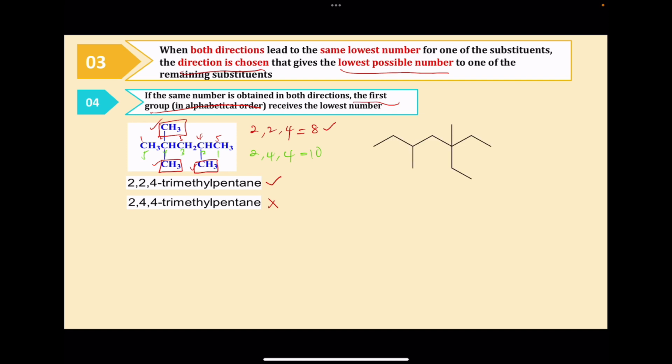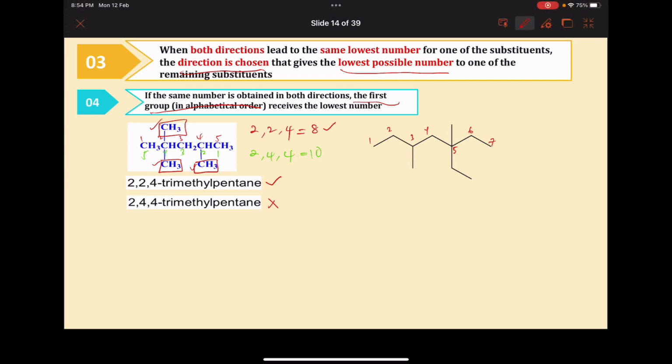The next example. As usual, we find the longest route. 1, 2, 3, 4, 5, 6, and 7. Or if we go down below, 1, 2, 3, 4, 5, 6, and 7.